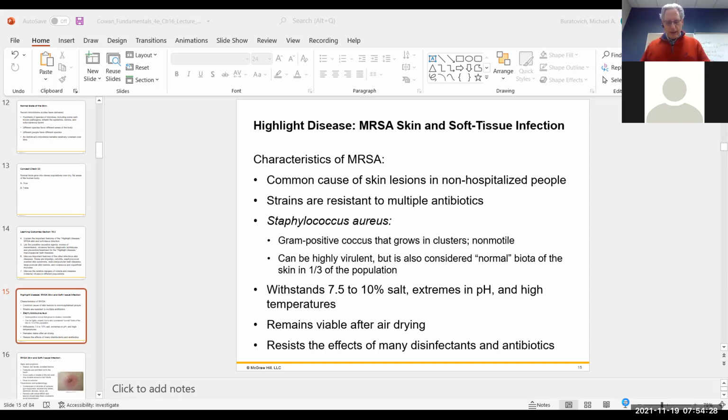Very good. Let's talk now about some of these different types of infections. So a folliculitis, it can be papular, so it's raised, or it can be pustular.